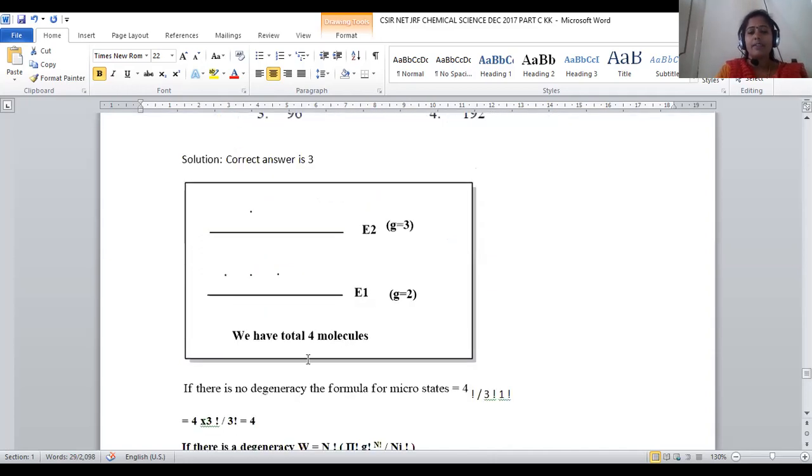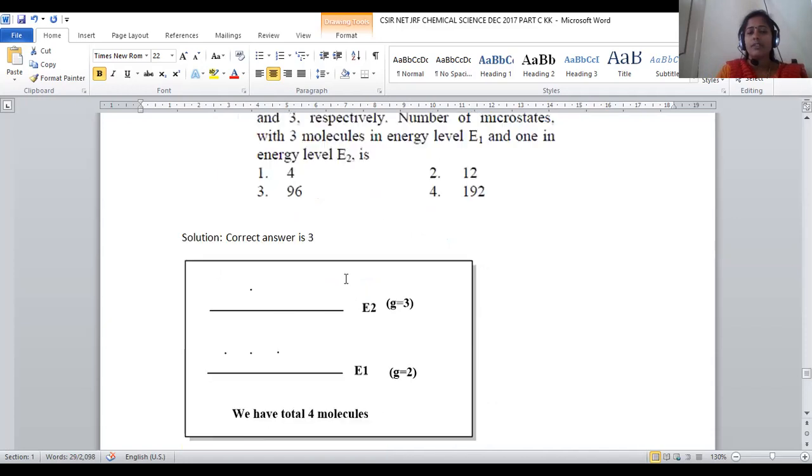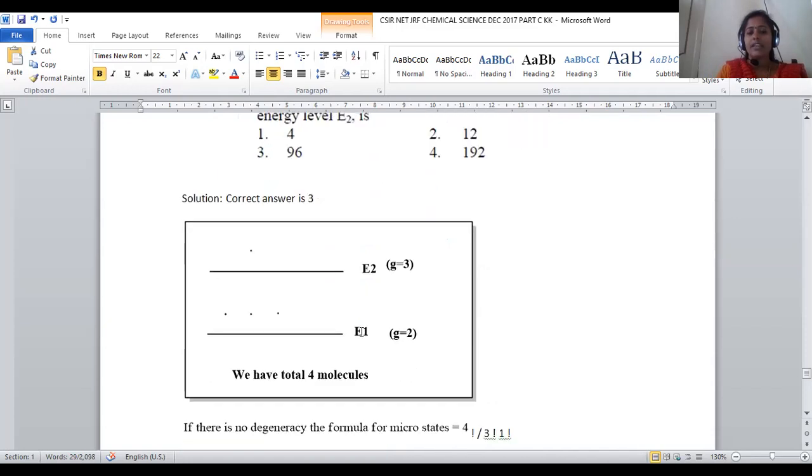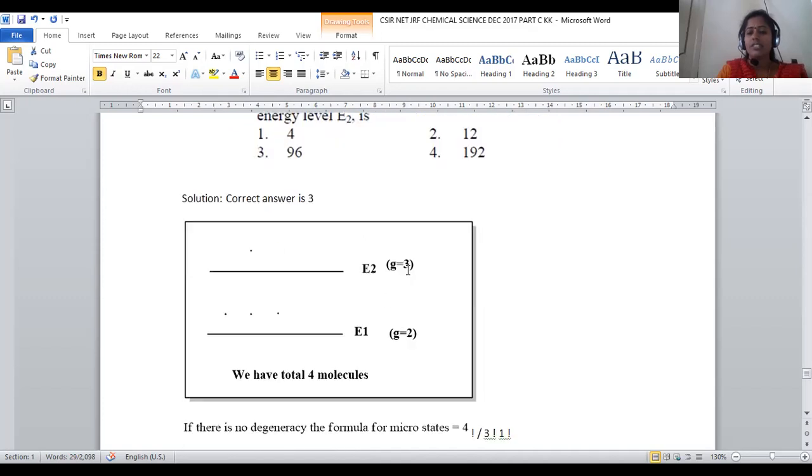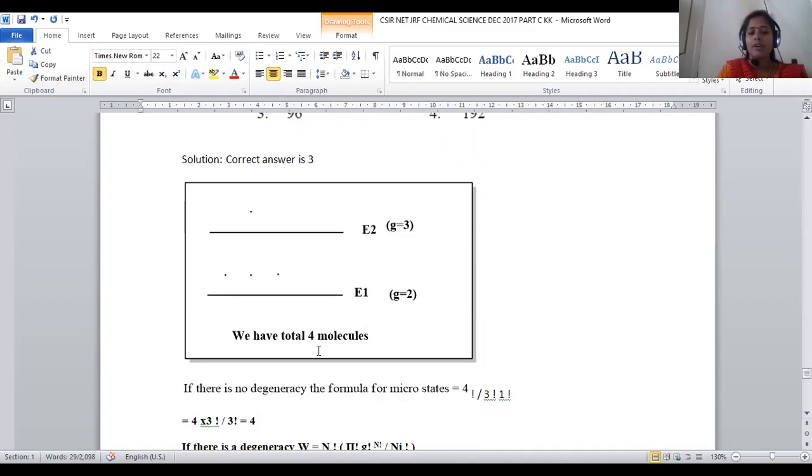E1 energy level is associated with 3 molecules. In E2 energy level, only 1 molecule is given as per the data. E1 level degeneracy will be 2, E2 level degeneracy will be 3: g is equal to 2 for E1, and 3 for E2. In total, 4 molecules are there, right?